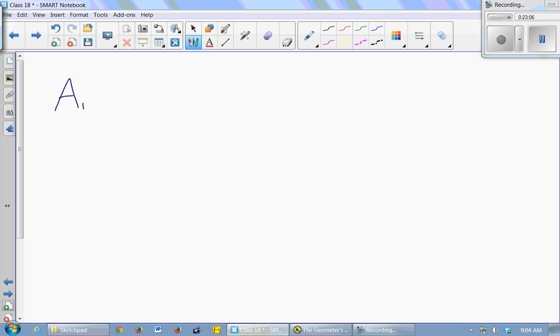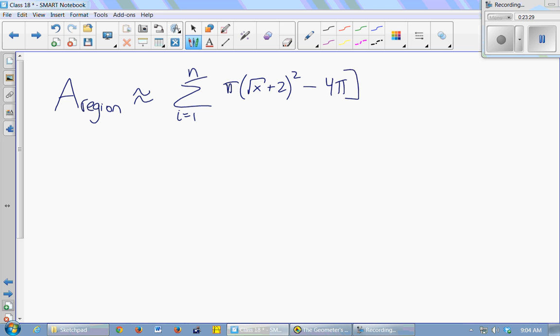So the volume of my region is approximated by adding n of these discs together. And each disc has volume pi times (square root of x plus 2) squared minus 4 pi, times delta x. So I just take that one disk and add a whole bunch of these together.